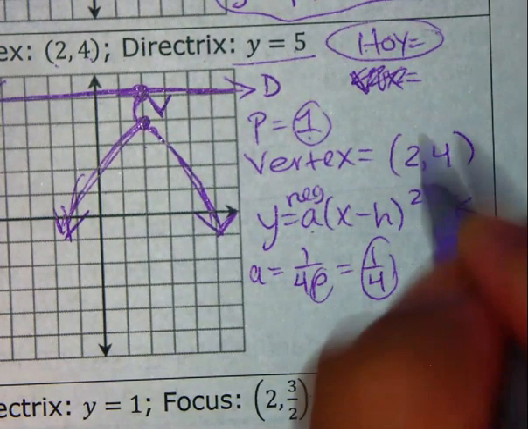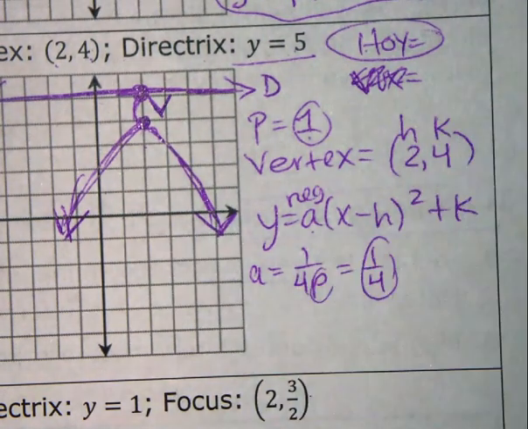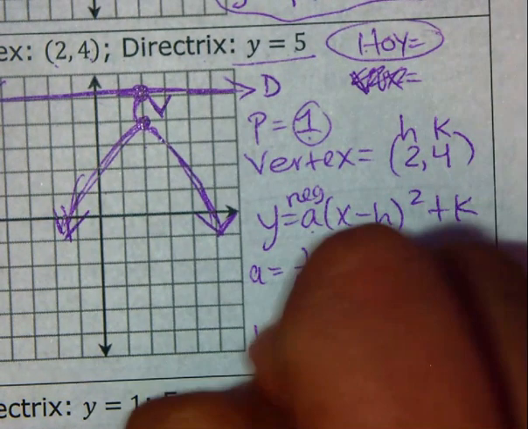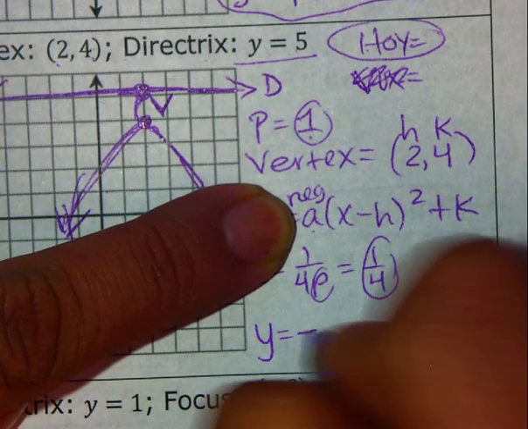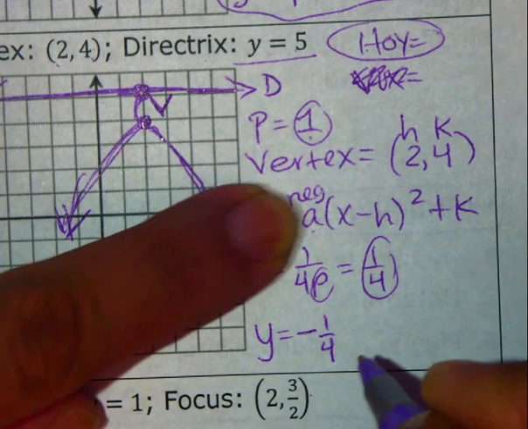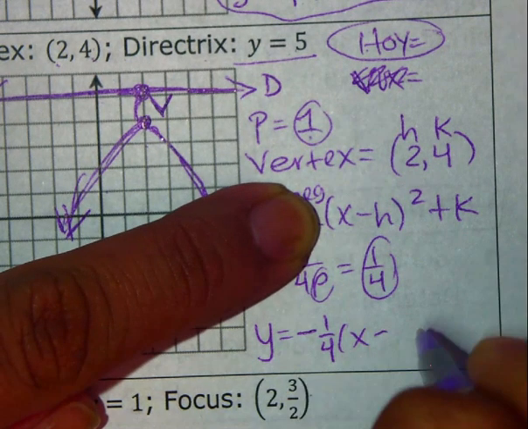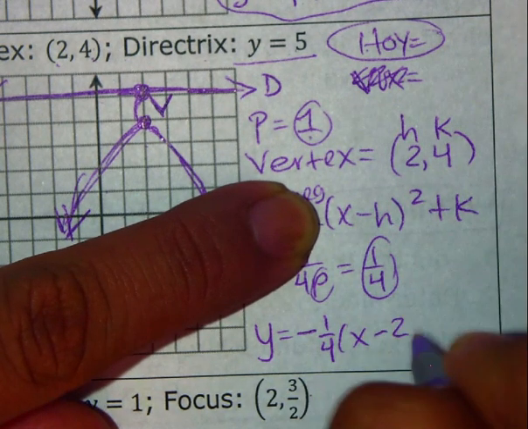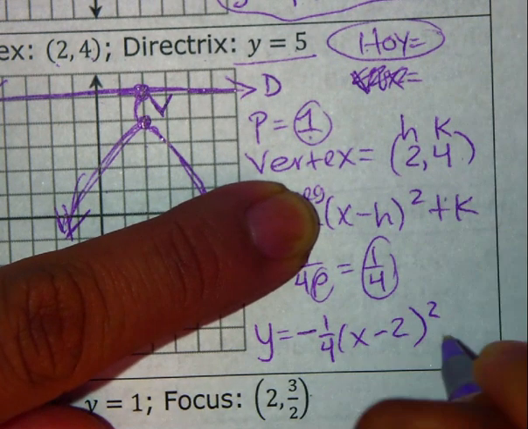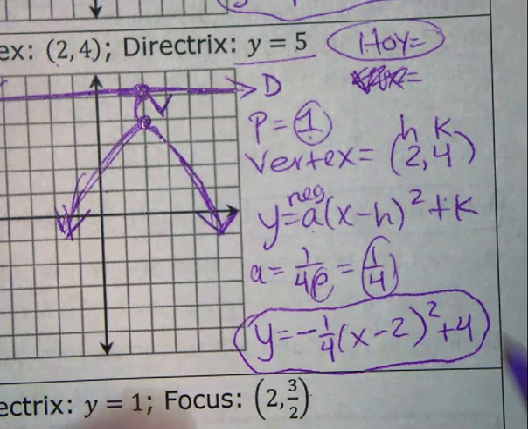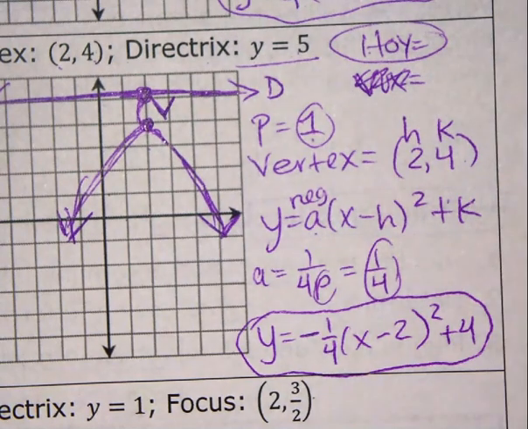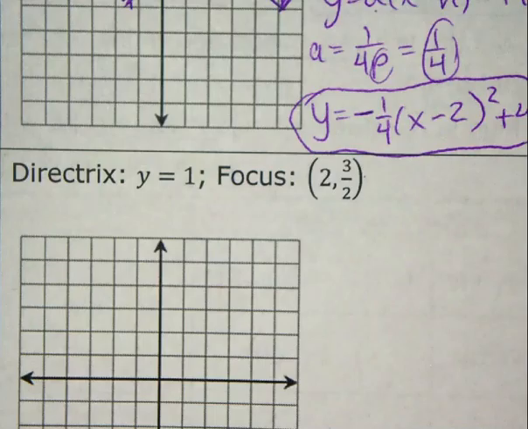And now we just put it together. This is your h, this is your k. Y equals negative 1/4 (x minus your h, which is 2) squared plus k. And that's your equation right there. Okay, let's try another one.